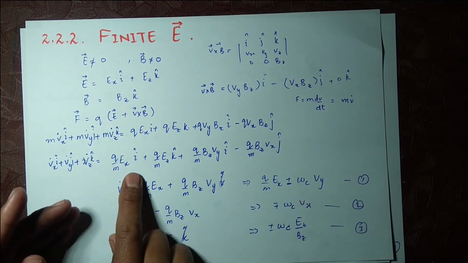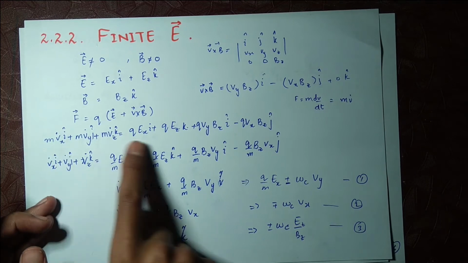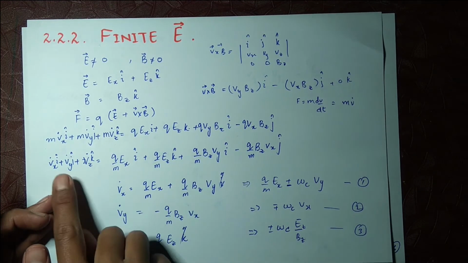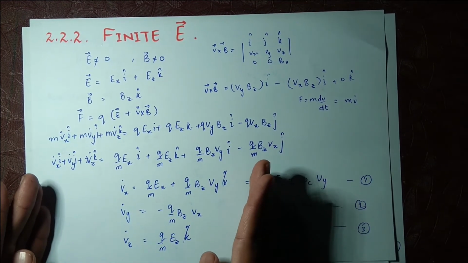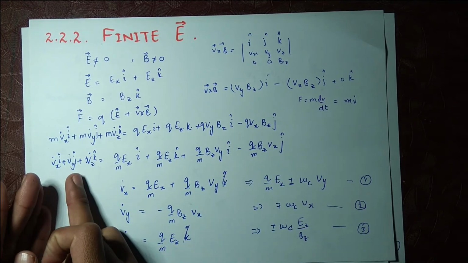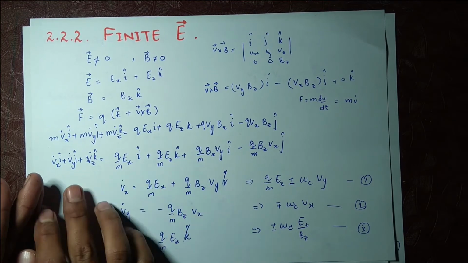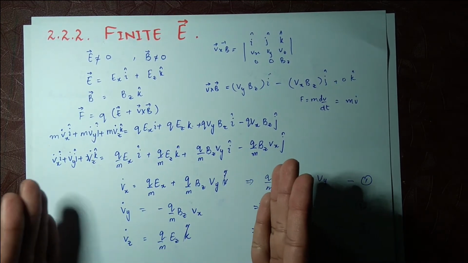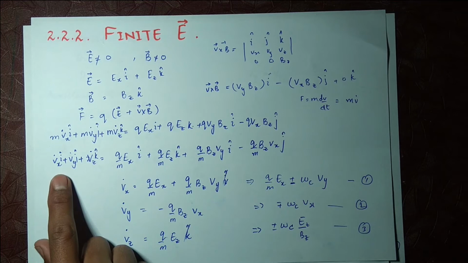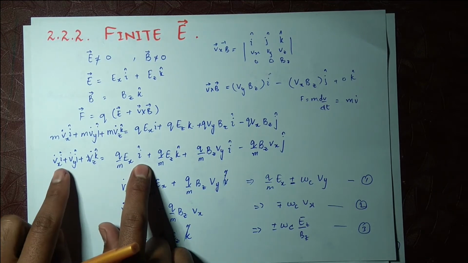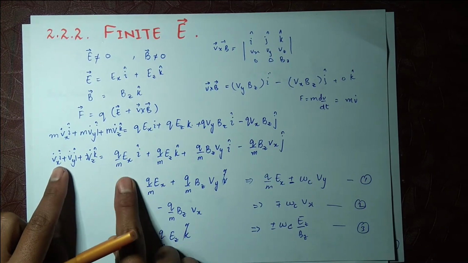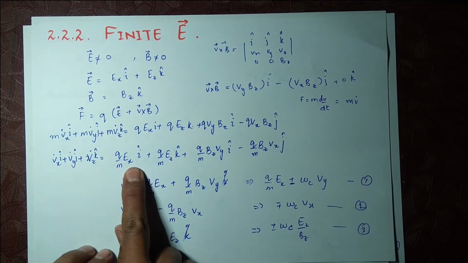So from that, m is divided here, and I've compared the ith coefficient, jth coefficient and k coefficient. The i unit vector, j unit vector and k unit vector are all compared from left to right. For v of x, we have the i component here, this one here and this one here.